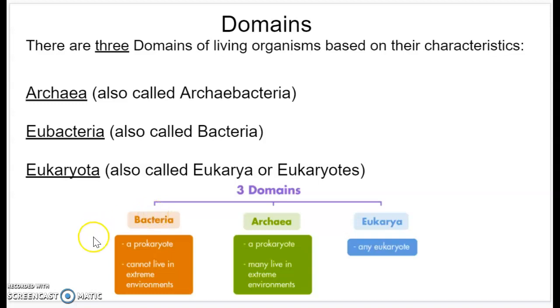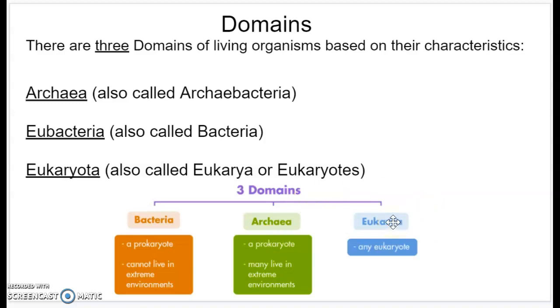Bacteria are usually a prokaryote and they cannot live in extreme environments. Archaea is a prokaryote. Many live in extreme environments. And then we have eukarya, which is any eukaryotes. It's really important that we remember prokaryotes have no nucleus and no membrane-bound organelles.